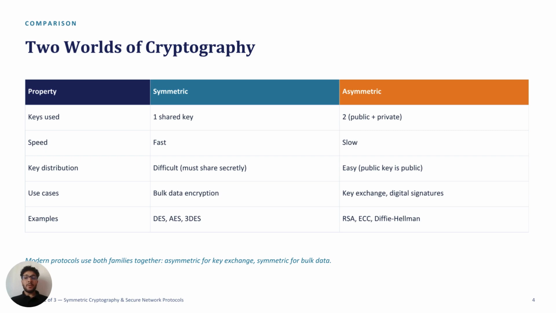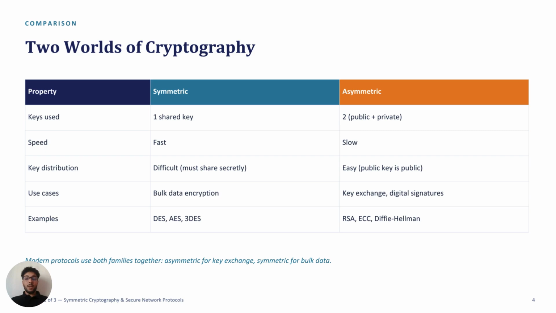To understand symmetric encryption fully, it helps to know what asymmetric encryption is. Asymmetric encryption uses two keys: a public key anyone can see, and a private key only the owner holds. Asymmetric encryption is great for key exchange and digital signatures, but it's computationally expensive. Symmetric encryption is much faster.